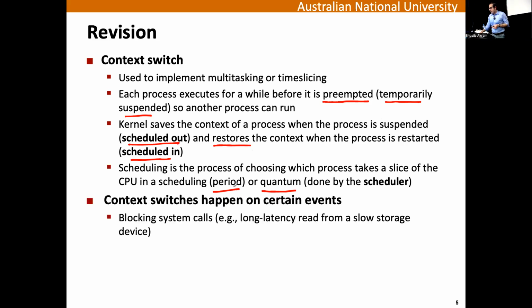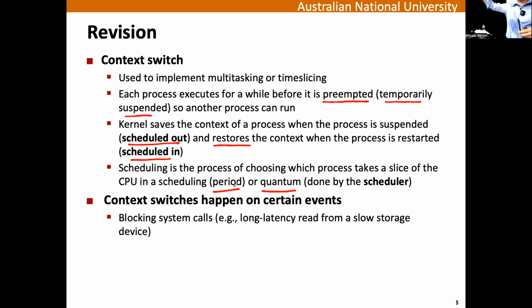So context switches happen on certain events. There are blocking system calls. Imagine the program doing a read system call, reading file contents from disk. Disks are so slow compared to the processor and memory that if it takes one day to get something from memory, it takes a few years. I'm using an analogy. It takes a few years to get something from disk.